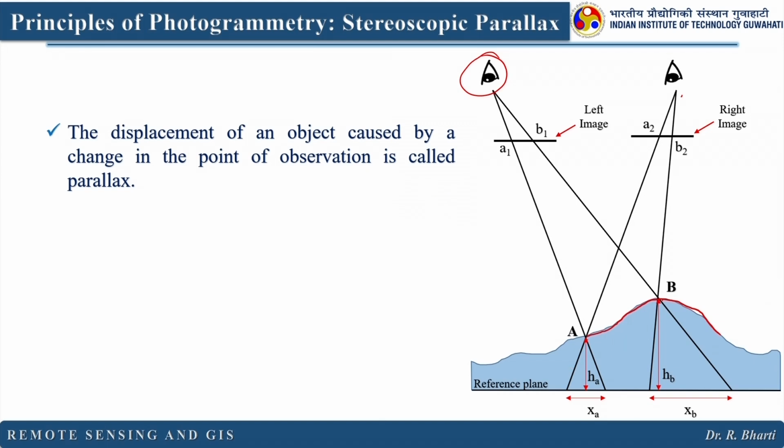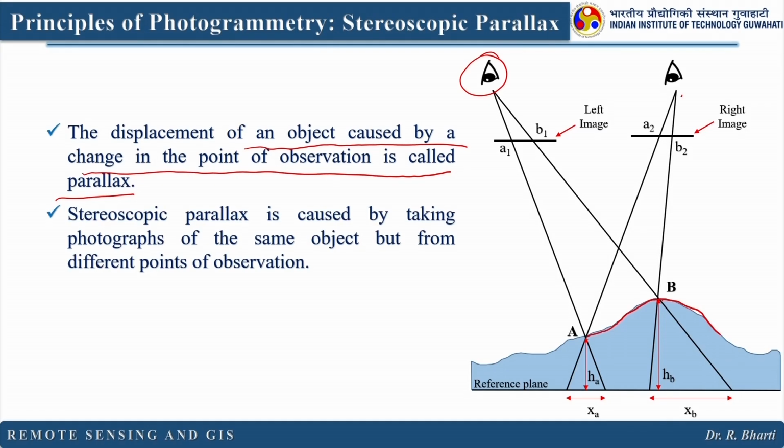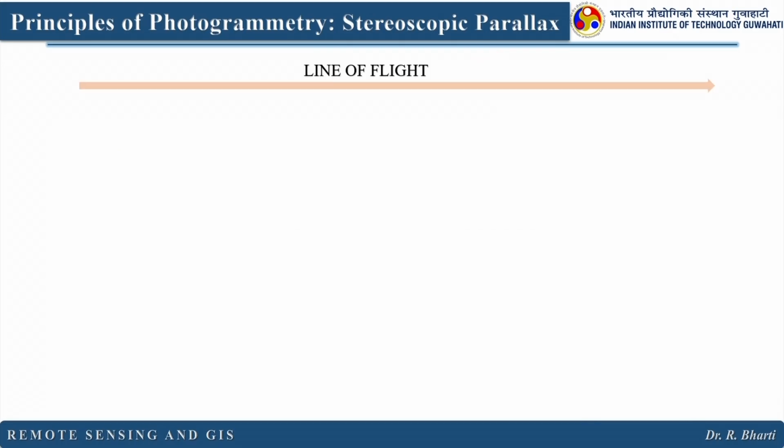Stereoscopic parallax is caused by taking photographs of the same object from different points of observation.